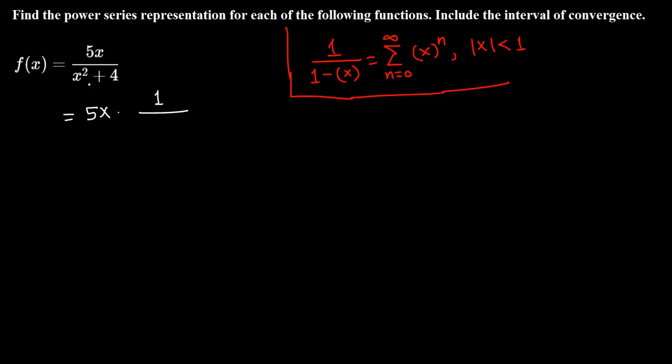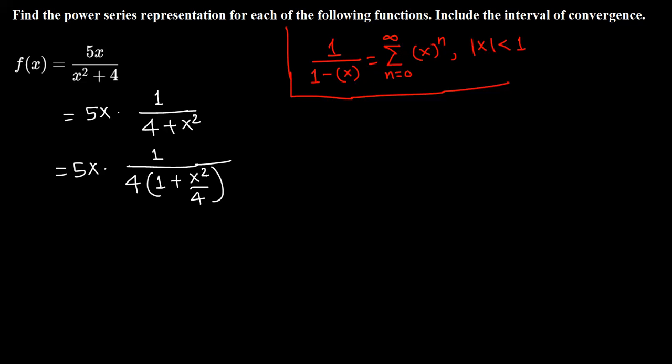In the denominator, x squared plus 4 can be written as 4 plus x squared. We need 1, not 4, so from these two terms we can factor 4 out. When we factor 4, the term x squared has no 4, but we factor anyway, so we need to divide by 4.